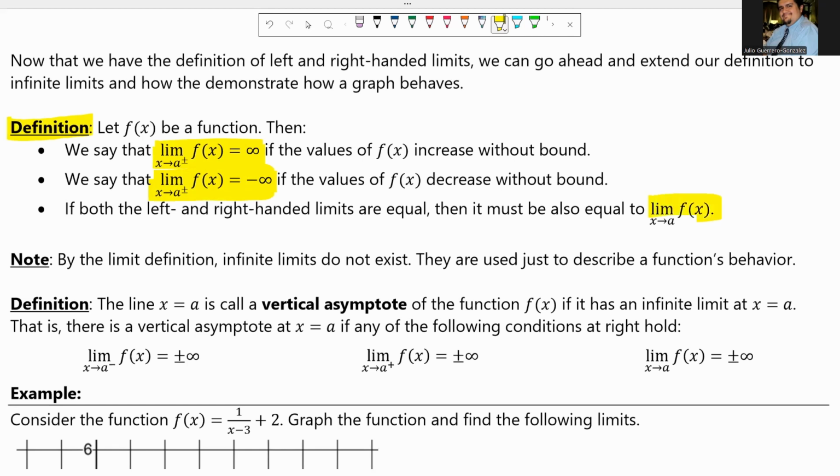And it's got to be equal to this if both go to the same infinity. So if both the positive limit and the negative limit go to infinity, then it's also going to be equal to the flat limit, this one. Okay?